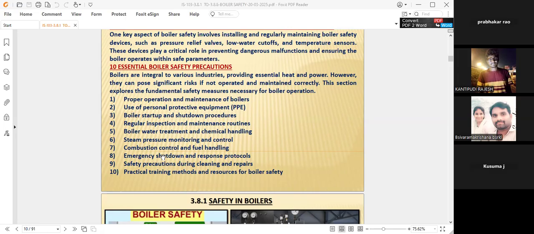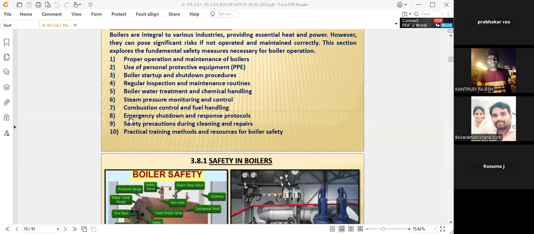If any unburned carbon is there, immediately adjust the boiler air and see that proper consumption is taken care of. Until then, use the burners with LSHS or furnace oil to maintain the temperature.